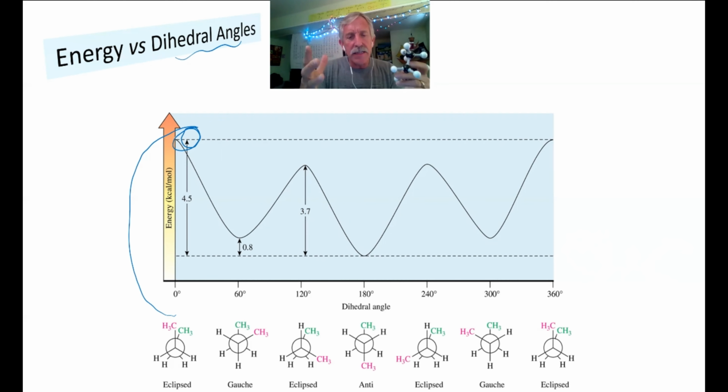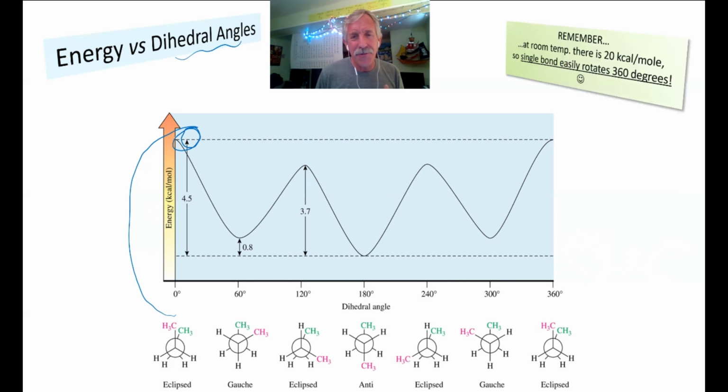And it summarizes every conformation that butane has, hexane has, any molecule other than ethane is going to be able to go through these rotations and have these conformations. And now they have names. We have eclipsed, gauche, and anti. And you should be familiar with which one is the worst, which one's the best, and which one's kind of in the middle. Okay?